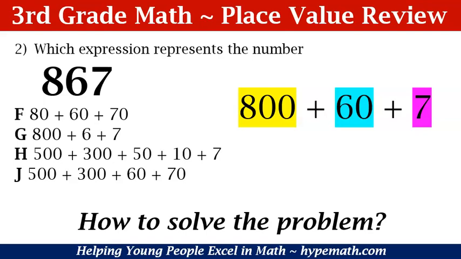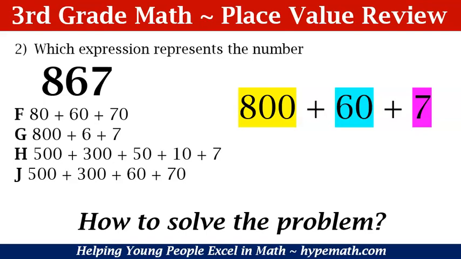So not necessarily every time we have an answer will it be plain and automatically we know it's correct. Sometimes the answer can take a different form, but still be correct, okay? So we know again, H is 500 plus 300, that's 800, okay. 50 plus 10 is 60, and then we have plus 7.